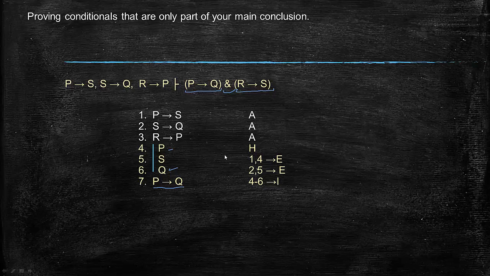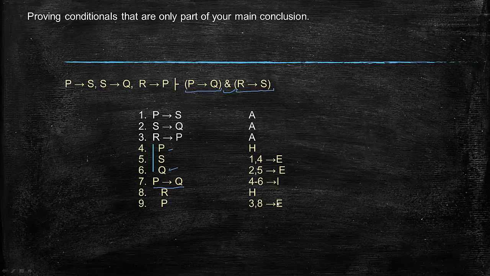So now you say, okay, now what I want is if R then S. So I'm going to hypothesize R, just like I hypothesized P. I am going to get P by 3 and 8, conditional elimination.